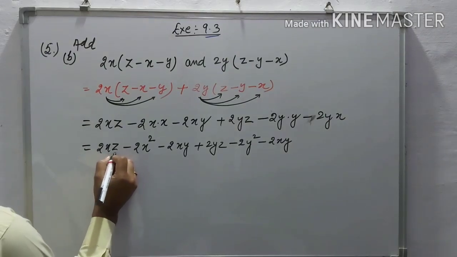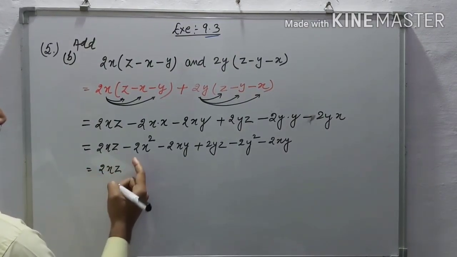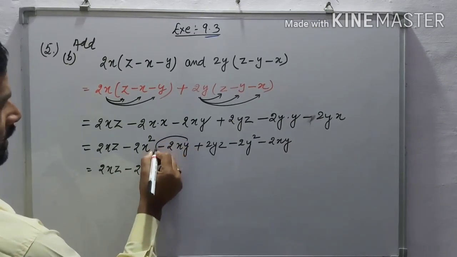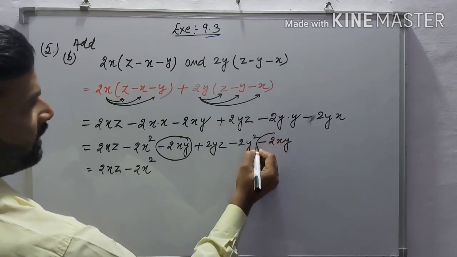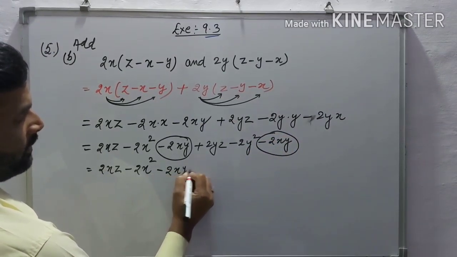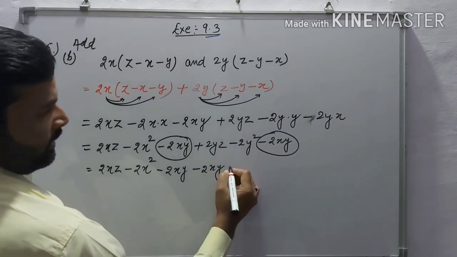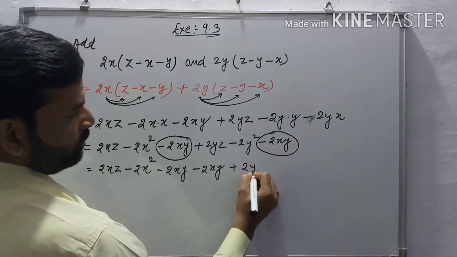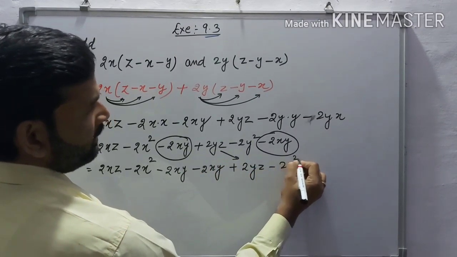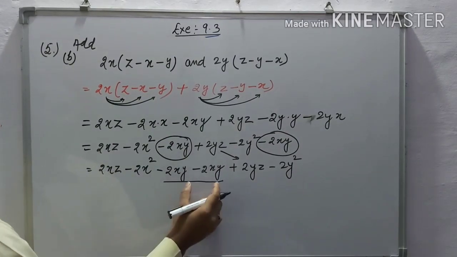Then xz is not here, you write the 2xz, minus 2x square and minus 2xy and minus 2xy, minus 2xy minus 2xy and plus 2yz and minus 2y square, because here xy and xy are like terms.